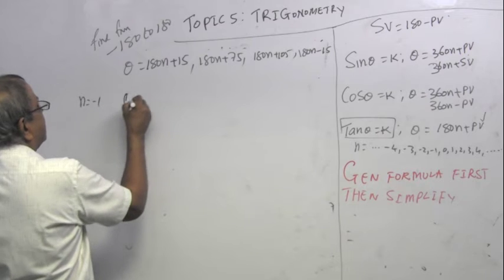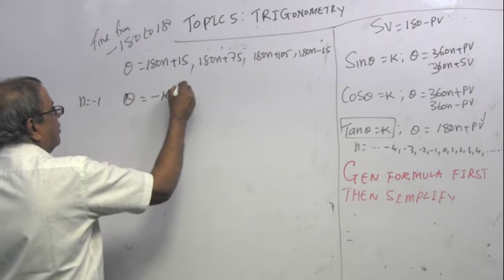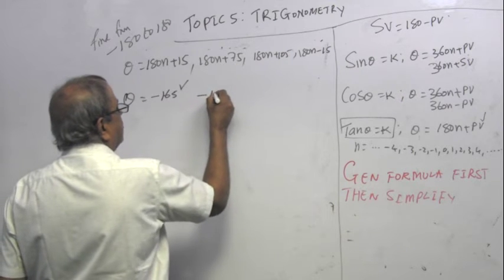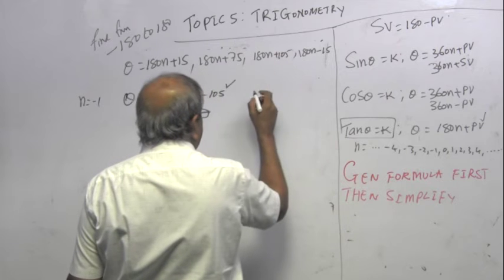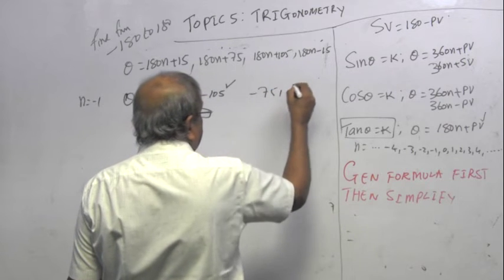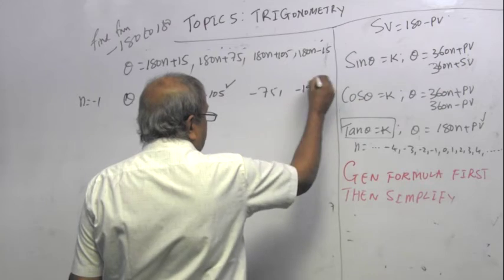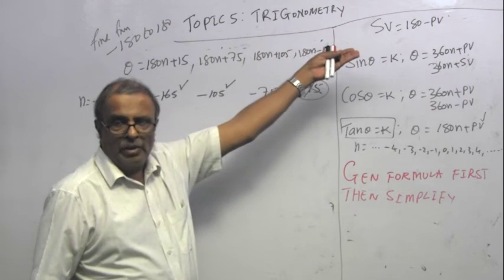What do I get? θ equal to minus 180 plus 15 is minus 165. Minus 180 plus 75 is minus 105. Minus 180 plus 105 is minus 75. Minus 180 minus 15 is minus 195. I don't need it. That means I have crossed minus 180.